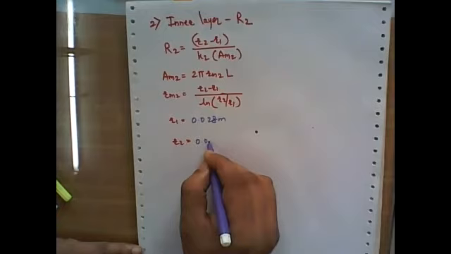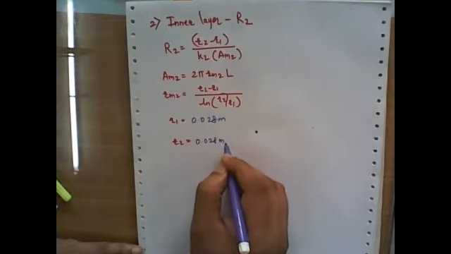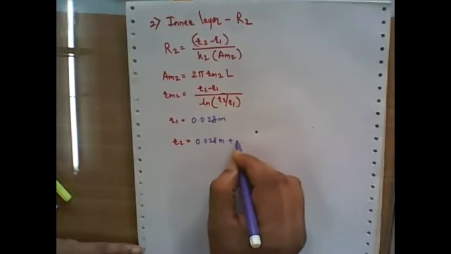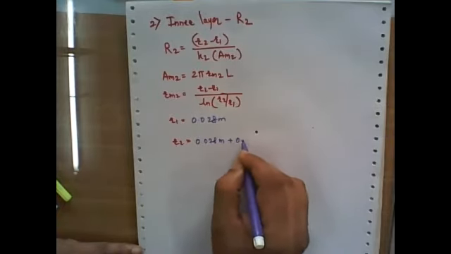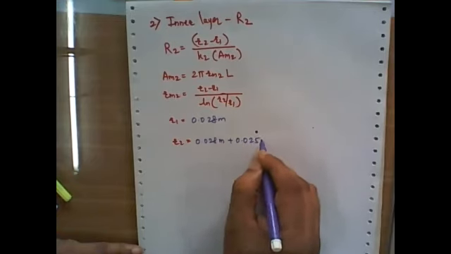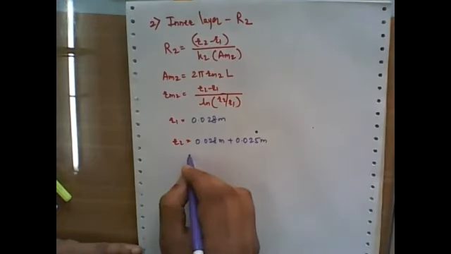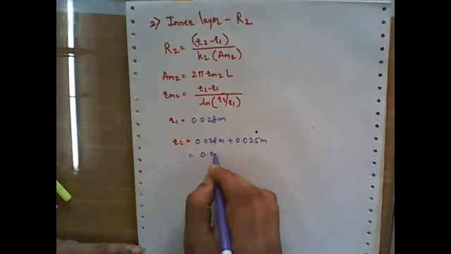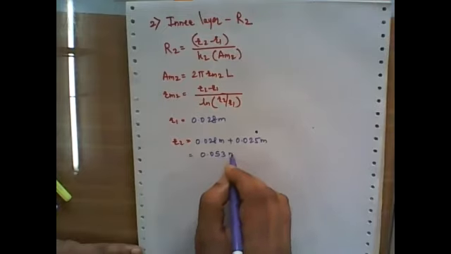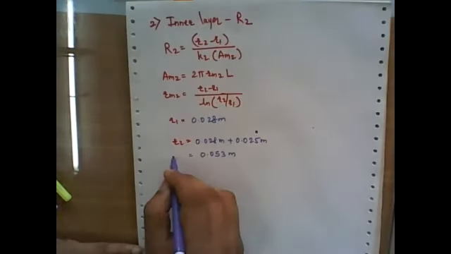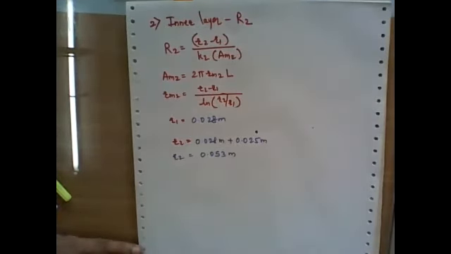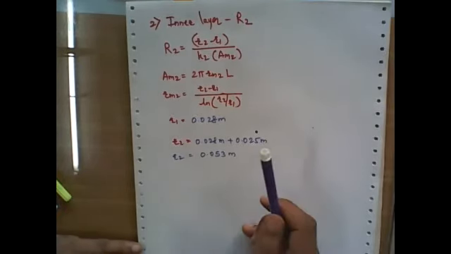So 0.028 meter plus 0.025 meter, that is 0.053 meter, is the value of r2, right?